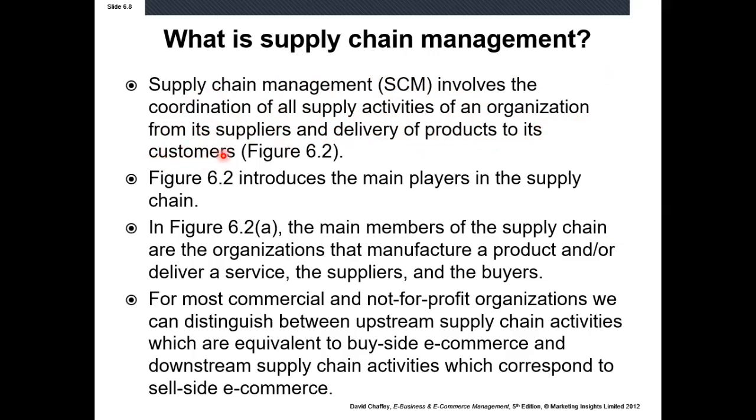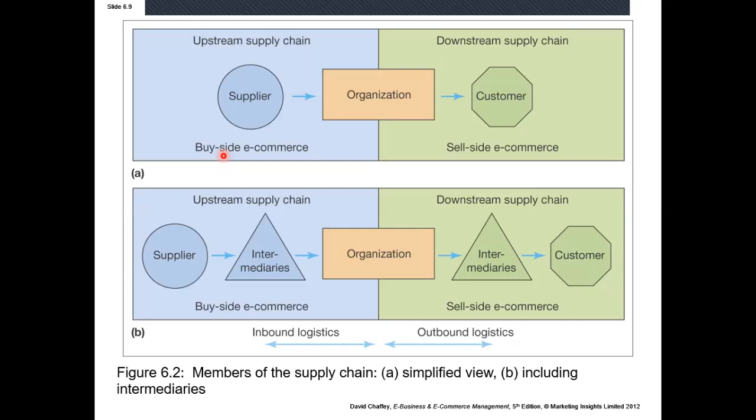If we look at figure 6.2, here you can see supply chains, which shows members unique to supply chain. So this version shows a rather simplified version of a supply chain, and figure B shows a supply chain with more, or added, number of participants, right?